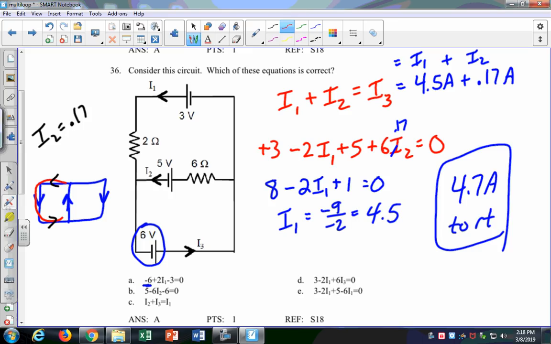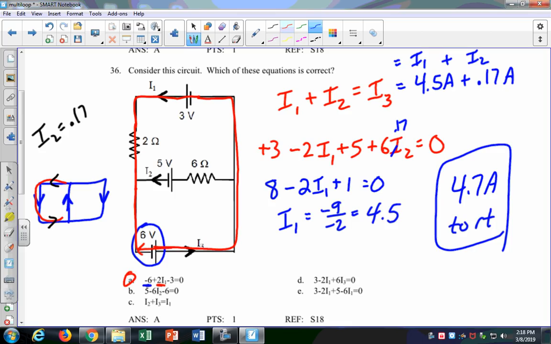This one's the right answer actually. So that tells me that I need to be going in this direction. That'll give me -6. So that gets me started. I come up here, my next is plus 2I1. Okay, that's correct so far because I'm going against the current. And then I should have a -3. Oh, and I do. That's -3. And then I come back. So that one is the right answer.